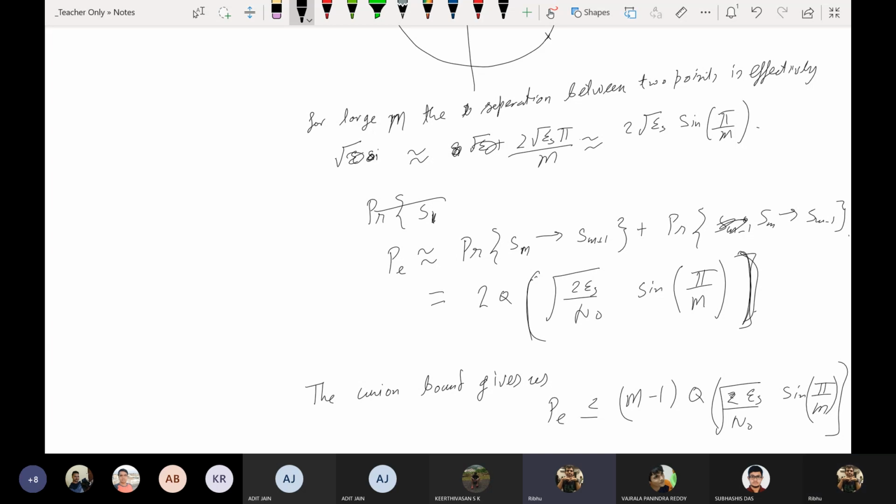Sir, except that the 2 is in the numerator, I am not finding a strong reason for the approximation from pi by m to sine pi by m. That is the only reason, just to bring 2 to the numerator. You cannot say that except this there is nothing; that is the main reason.